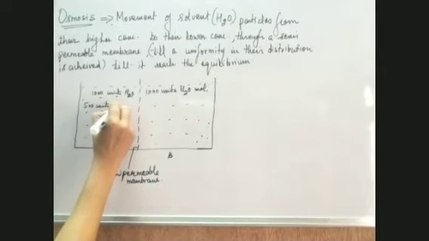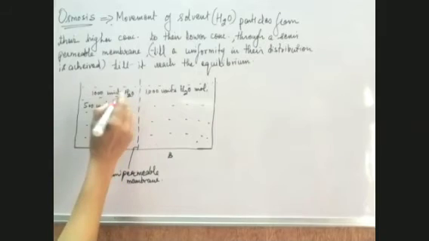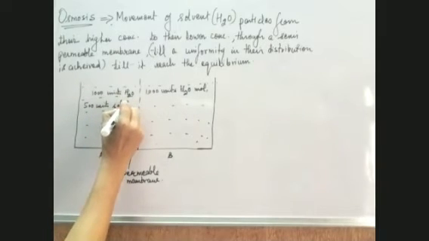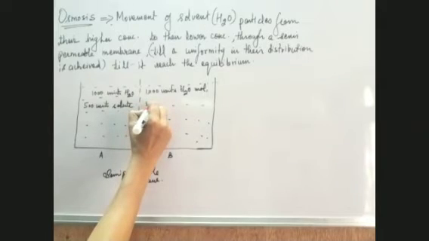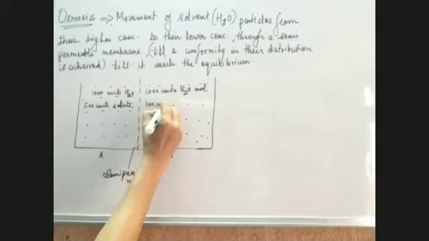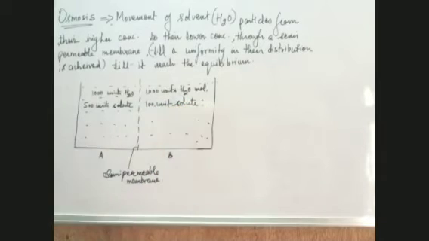Any solute you can take, sugar or any other. And in B we have just 100 units of solute. So the solute in the first case is 500 units, and in the second case it is just 100 units.